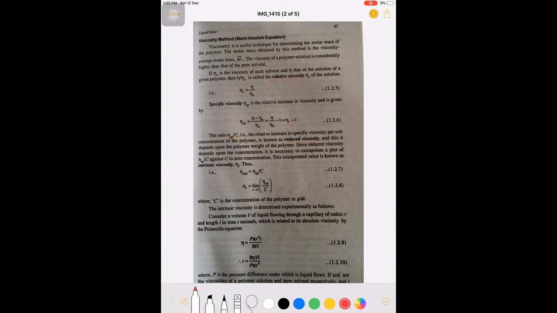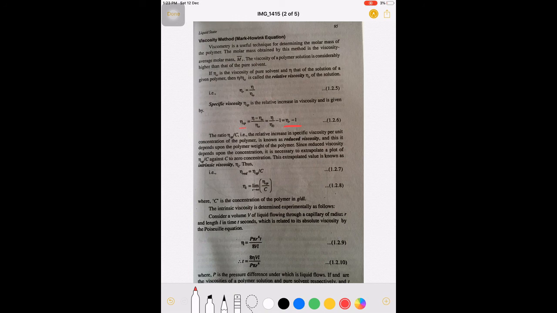Now we have seen what is meant by the relative viscosity. It is nothing but eta upon eta 0, the viscosity of polymer divided by the viscosity of the pure solvent, and this relative increase in viscosity is given by the specific viscosity equation. Specific viscosity is equal to eta r minus 1.